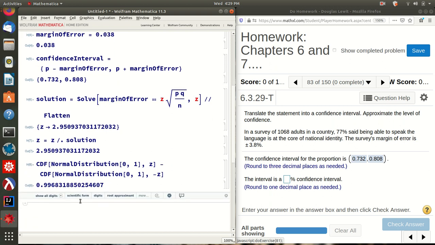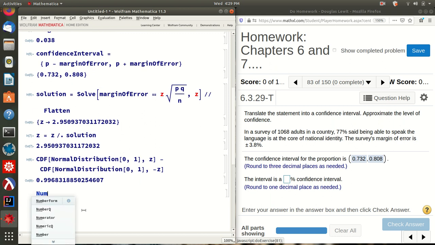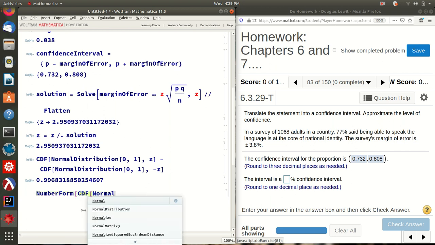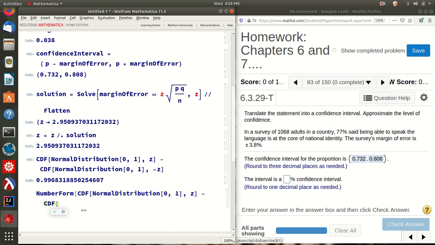Okay, so 0.9968, and it says here round to 1 decimal place is needed, so you guys should remember how to do that. Number form, CDF, normal distribution, 0, 1, Z minus CDF, normal distribution, 0, 1, negative Z.